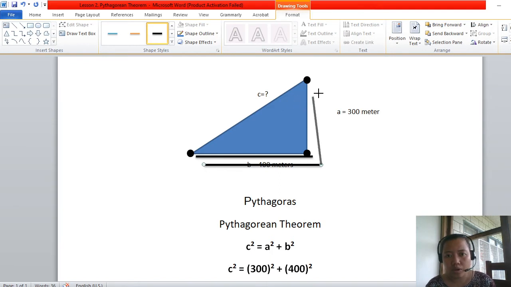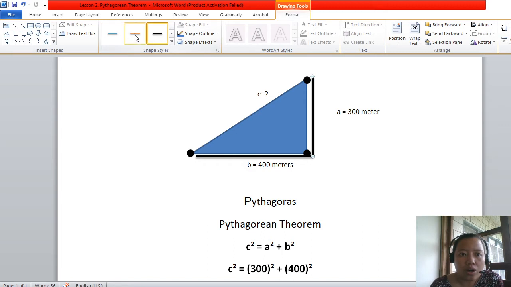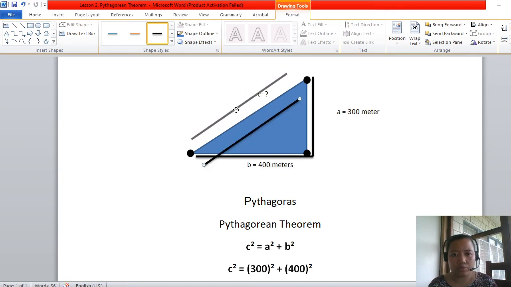So this serves as our total distance. This black line serves as our total distance. And our total displacement is here. This one. Okay. So our blue line serves as our total displacement.